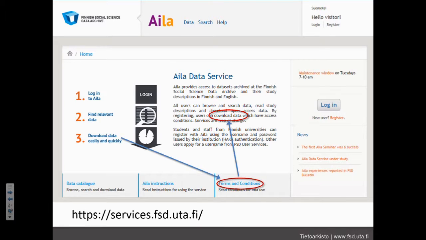And then that's the key point, because we are talking about social sciences, humanities, medical, health data. There are sensitive data, there are personal data in those data sets. So there are terms and conditions that you need to stick to. Restrictions may apply.